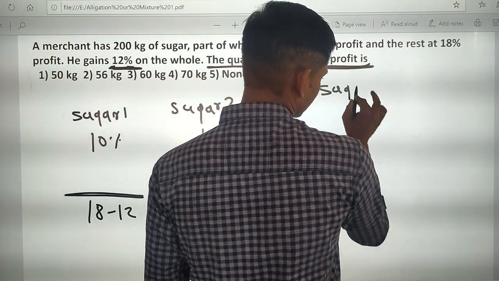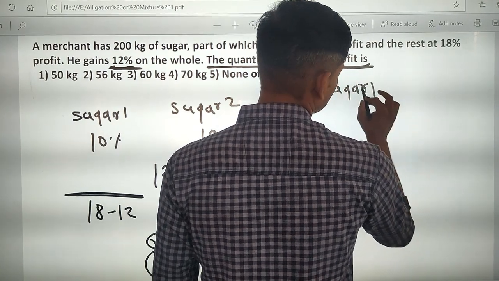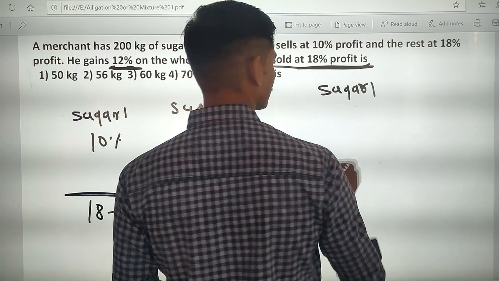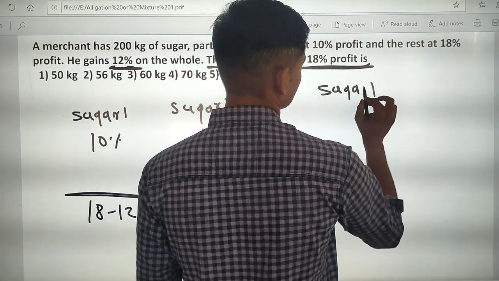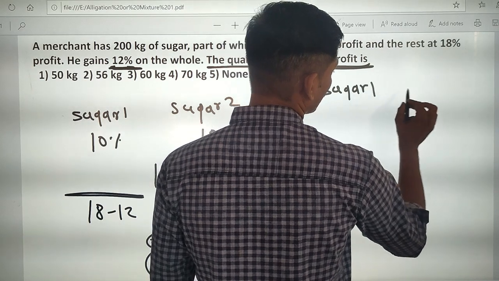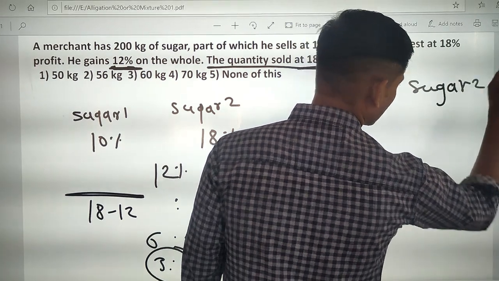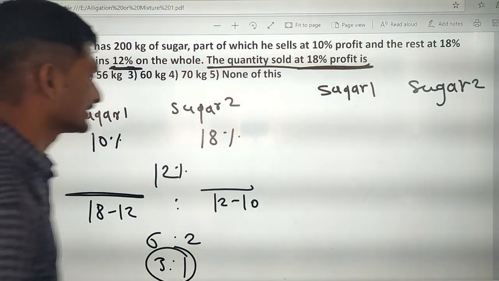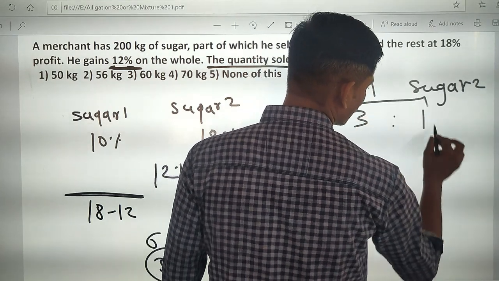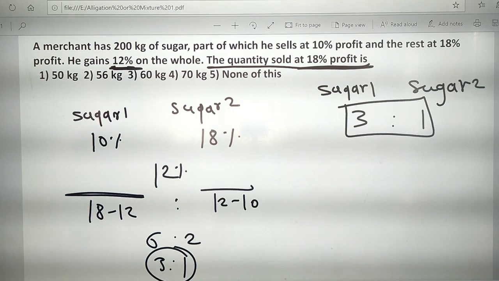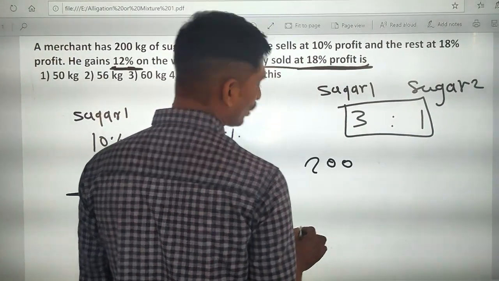Sugar 1 and sugar 2 ratio is 3:1. Now total sugar is 200 kg.